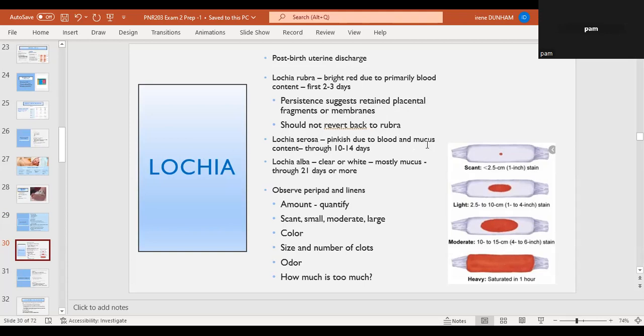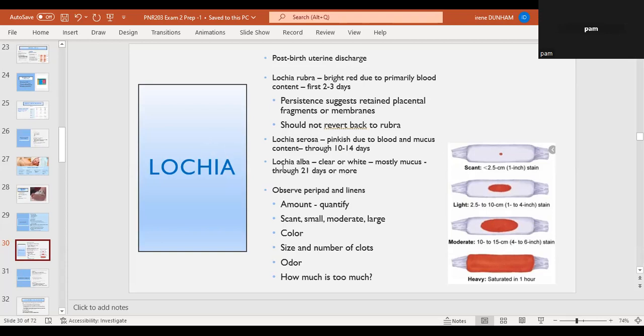Now, the different colors. So you have the rubra first 2 to 3 days, like I said. Then you go to serosa, which is pinkish. You got blood and mucus in there, and that's usually from day 3 to day 10 or day 14. That's your serosa time.